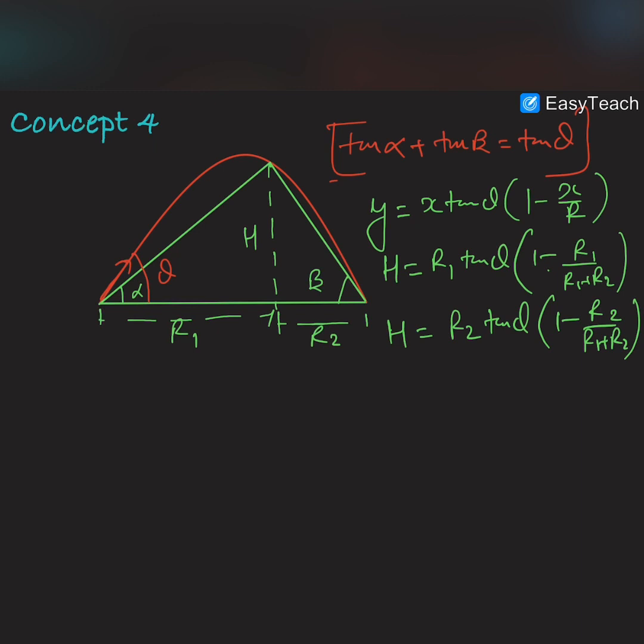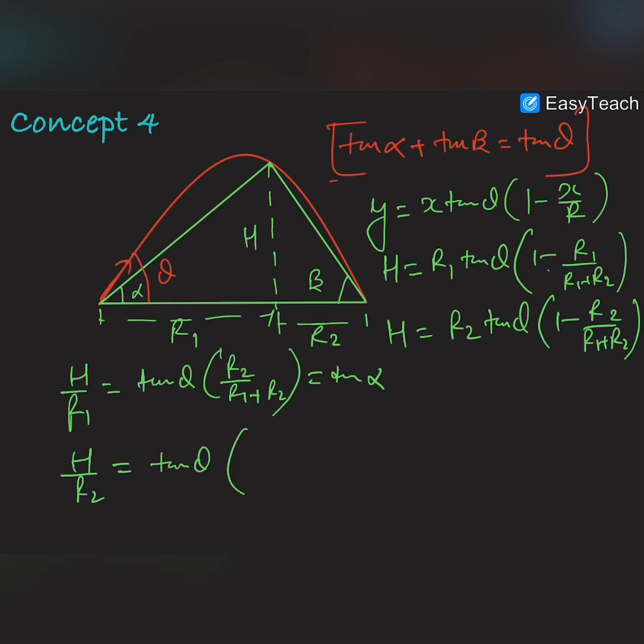Okay, so you can see that h upon r1 from the first equation is equal to tan theta into 1 minus r2 upon r1 plus r2, and obviously h upon r1 is tan alpha. And similarly h upon r2 would be equal to tan theta into r1 upon r1 plus r2, and this would be equal to tan beta.